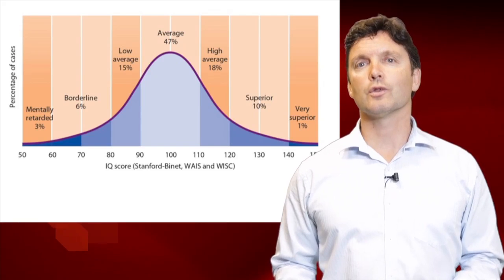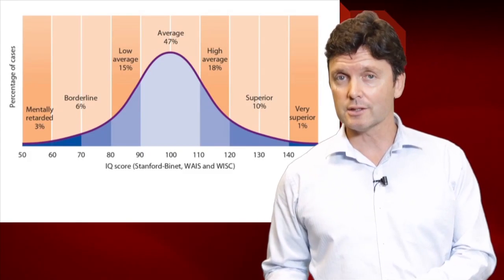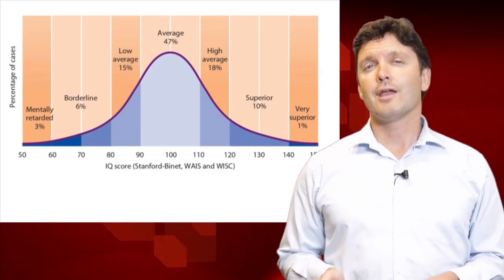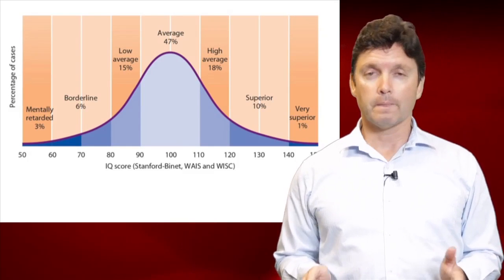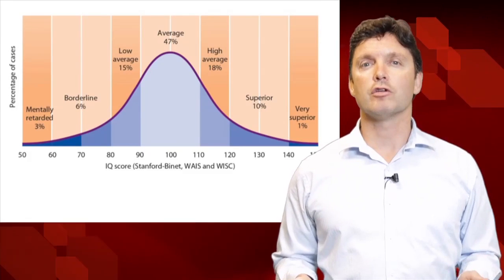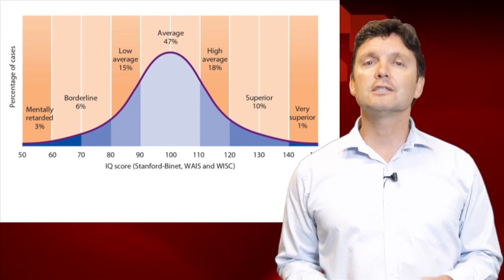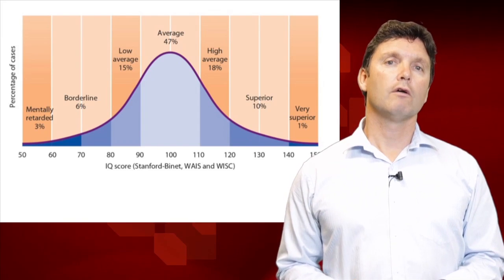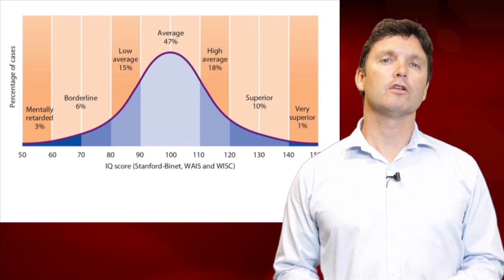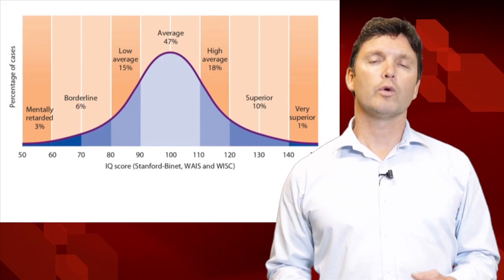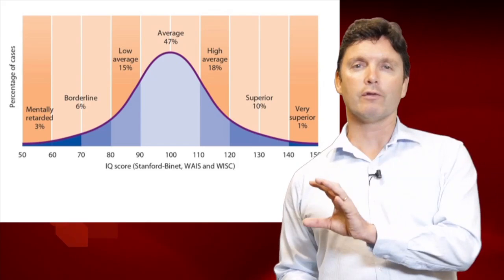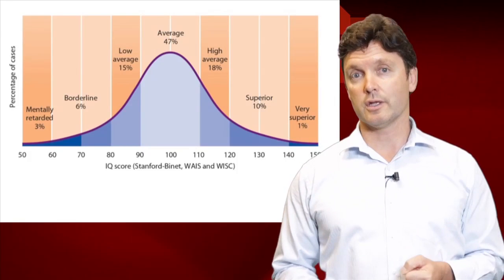For the WAIS, or the Stanford-Binet, or the WISC, the range of scores from 90 to 110 is labelled as average and includes nearly half the population. In fact, 68% of scores fall within one standard deviation of the mean. That is, between 85 and 115 for the commonly used intelligence tests.